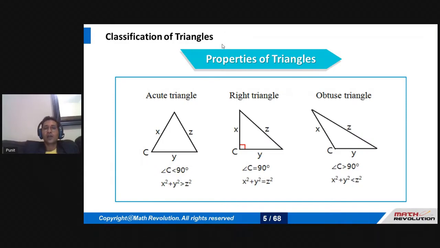We have three sides, x, y, and z. So x squared plus y squared would be greater than z squared. If it's a right angle triangle, then it would be equal to z squared, where z is the hypotenuse. And if it's an obtuse triangle, so the angle happens to be more than 90 degrees, then x squared plus y squared would be less than z squared.